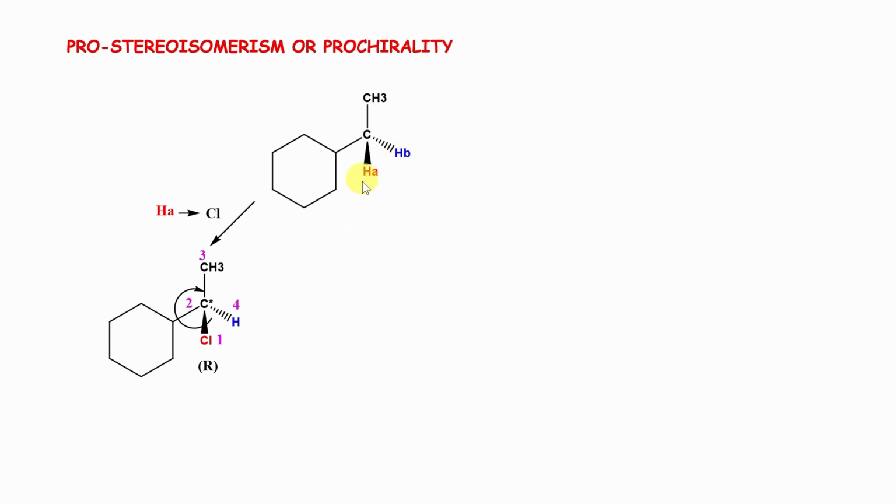For example, see this molecule having this CH2 group with these two hydrogens. When one of the hydrogens, say this HA hydrogen, is replaced by chlorine, the achiral carbon atom becomes chiral. This carbon becomes a chiral center and its configuration is R. If you substitute the HB hydrogen by chlorine, we will get this molecule having this chiral center.